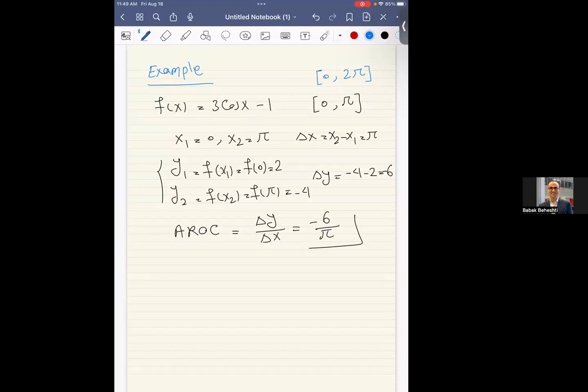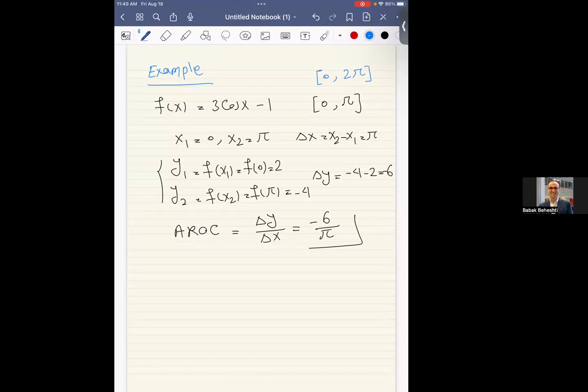If you replace from 0 to pi to 0 to 2 pi, what do you get? Think about delta y divided by delta x. The change in y divided by the change in x.